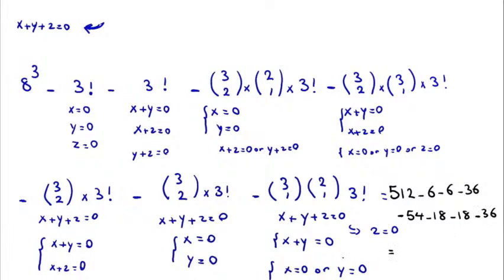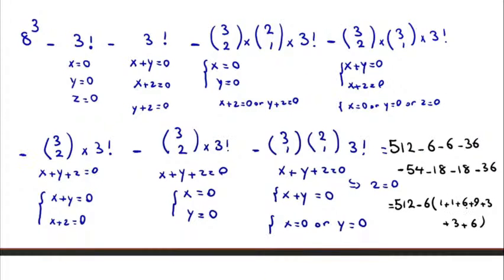Okay, so here I calculate 512, and then I factor out negative 6. It will be 1 plus 1 plus 6 plus 9 plus 3 plus 3 plus 6. And it will be what? 1 plus 1, 2. 2 plus 6, 8. 8 plus 9, 17. 17 plus 3, 20. 23, 29. It will be 512 minus 6 times 29.